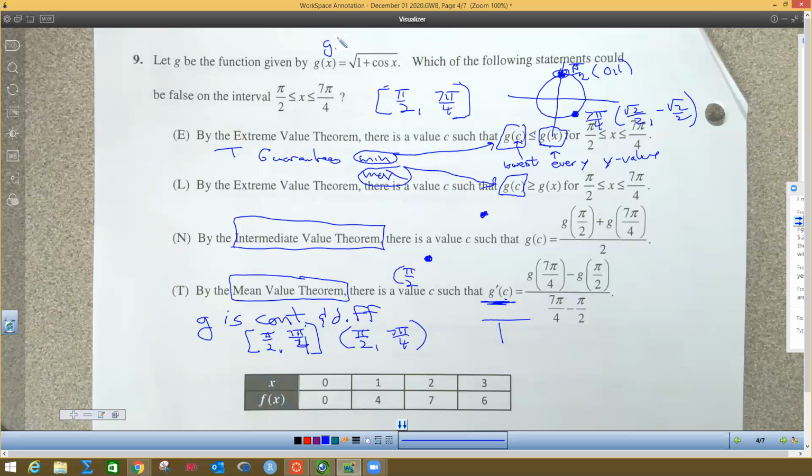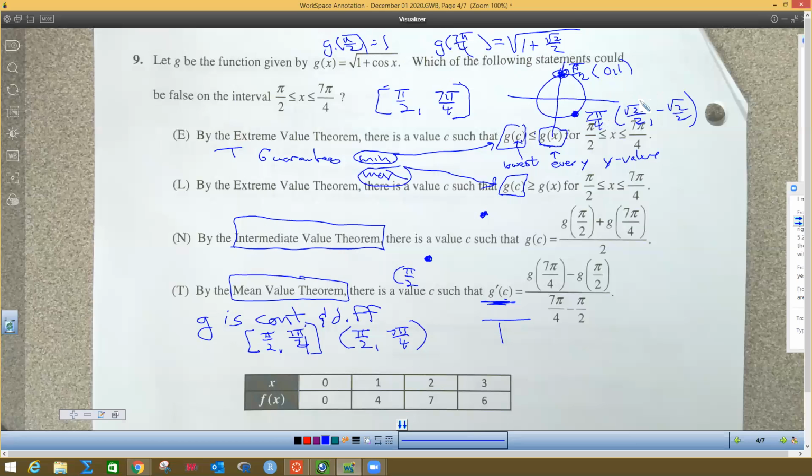So if I do G of pi halves, the x value is 0, so you get square root of 1. That's 1. And then you do G of 7 pi over 4, and that's radical 2 over 2. So this equals the square root of 1 plus radical 2 over 2. You could simplify all that if you wanted.